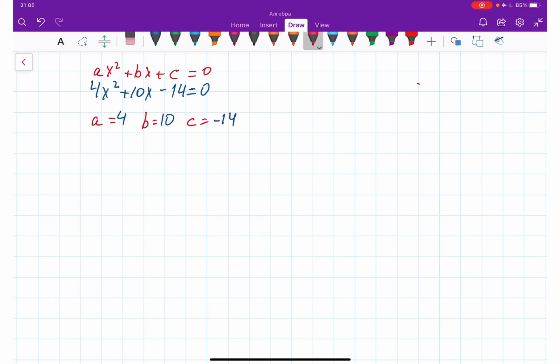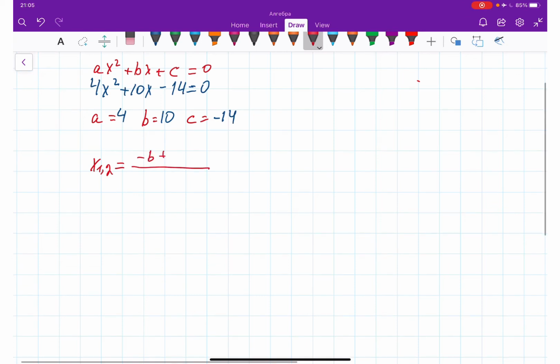So from here we have x1, 2 equals negative b plus minus square root of b squared minus 4ac over 2a.